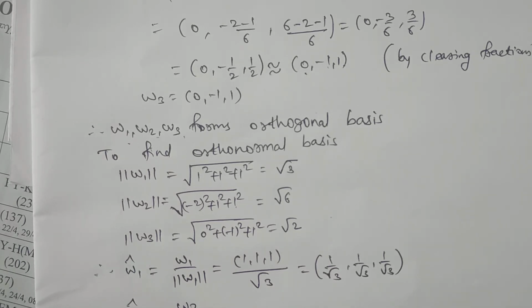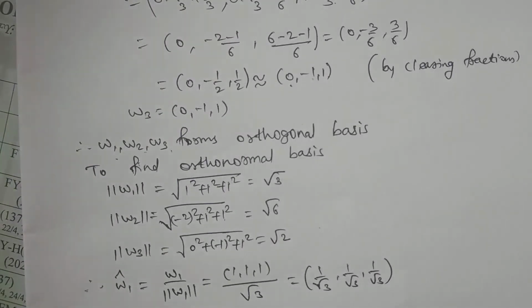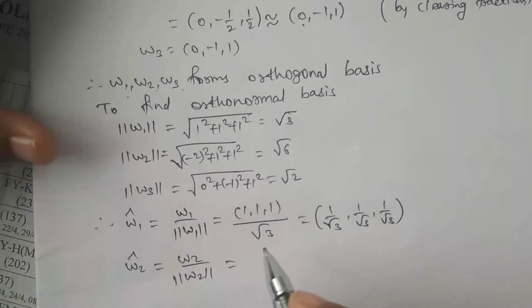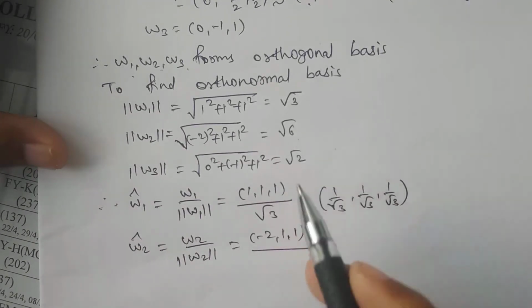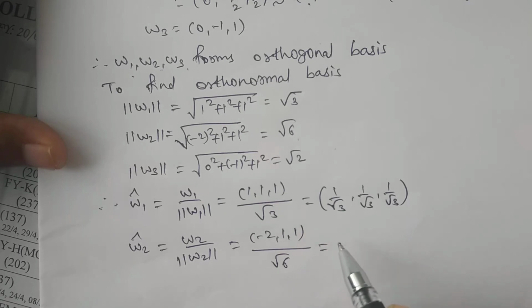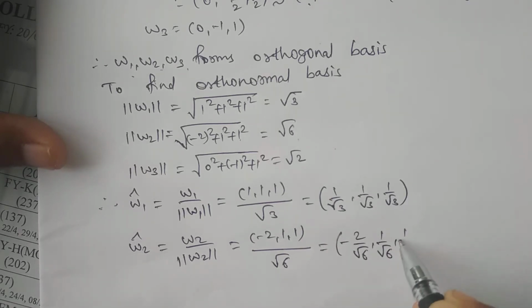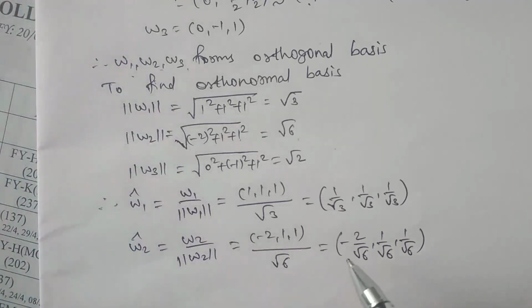W2 is (-2, 1, 1) upon root 6, so that is (-2/root 6, 1/root 6, 1/root 6).